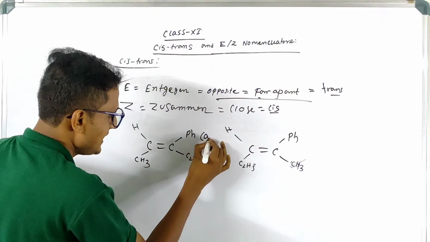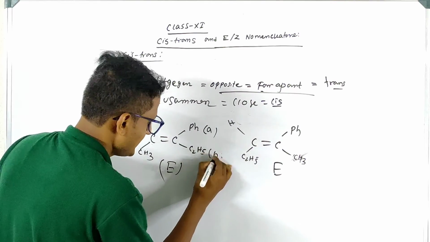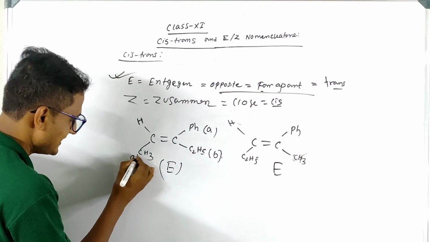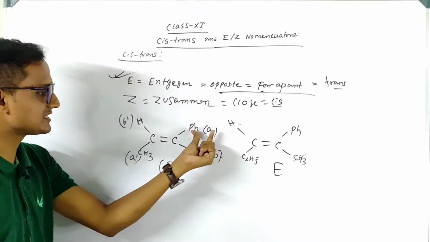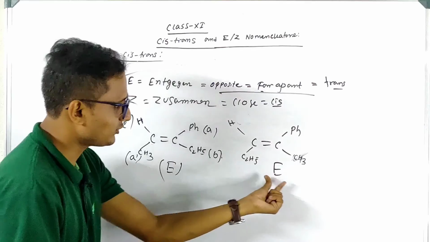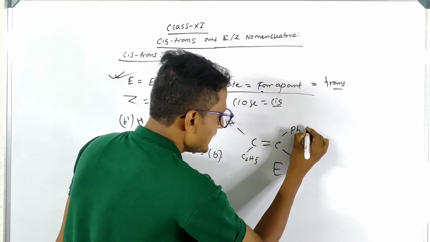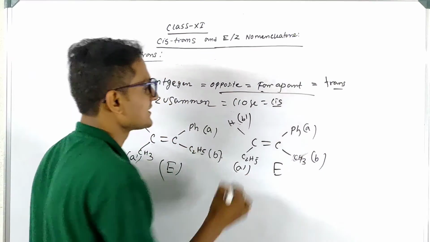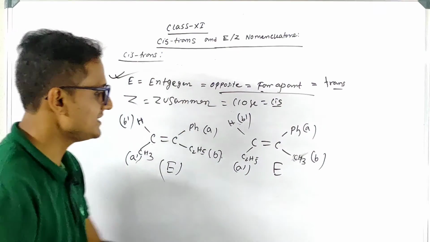So it will be A, and the ethyl group is B. Here also the methyl group has higher priority, so it is A dash, and the other is B dash. So here A and A dash are both similar groups opposite to each other, that means it is E. And here also I have already written E, because it is A, it is B, it is A dash, it is B dash. A and A dash are opposite to each other, so here also it will be E.